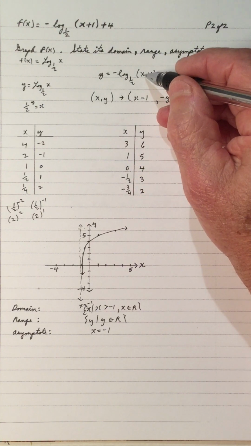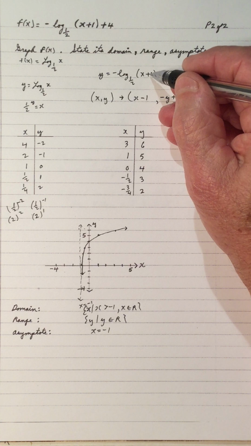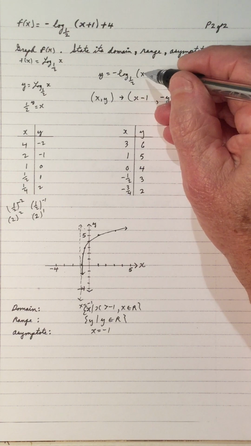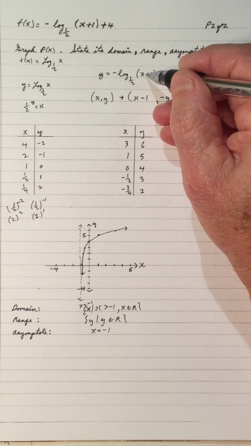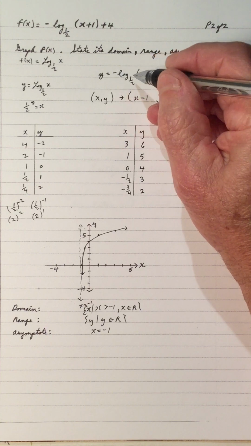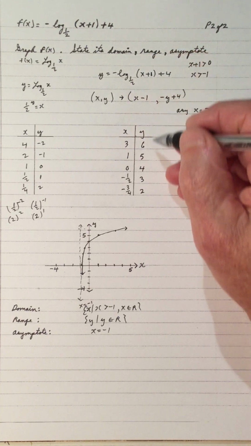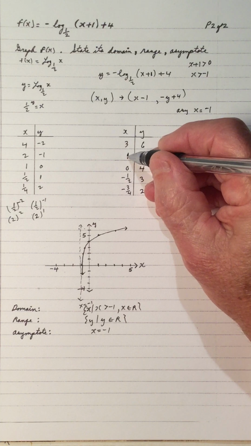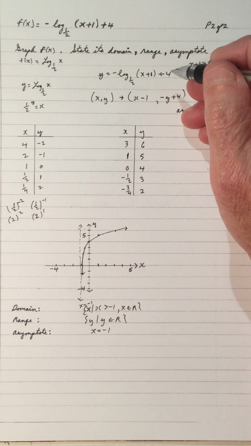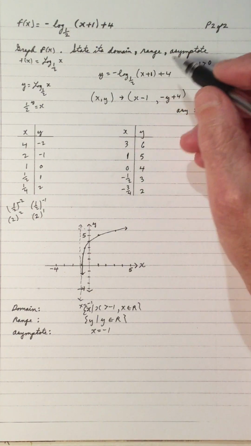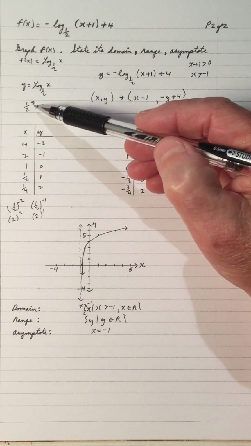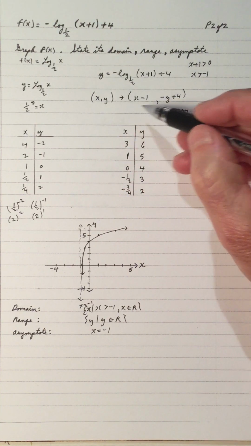If you put a 1 in here, 1 plus 1 gives you a 2. So what power of a half gives you a 2? It's a negative 1. So the negative of a negative 1 is 1, and 1 plus 4 will give you 5. You can go that way. You can put the values of x in and work this out for y. Again, looking at the basic equation like this, doing the table of values, and then doing the mapping rule.